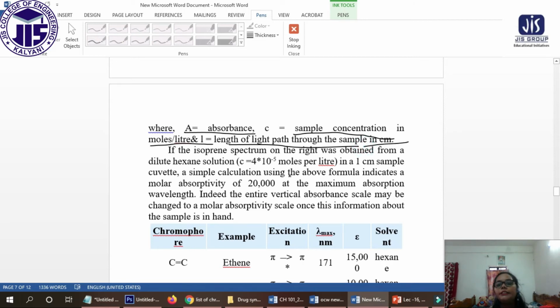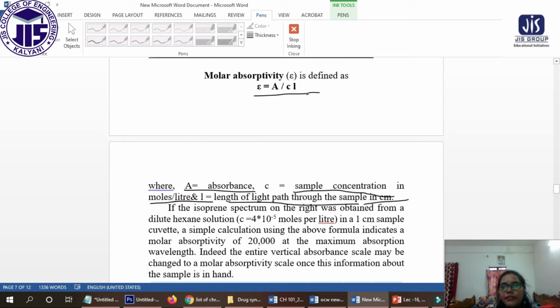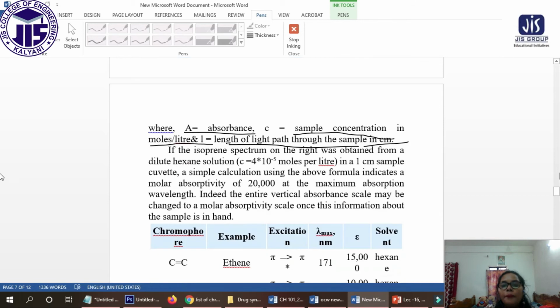If the isoprene spectrum on the right was obtained from a dilute hexane solution in a 1 centimeter sample cuvette, a simple calculation using the above formula indicates that the molar absorptivity is 20,000 at the maximum absorption wavelength.